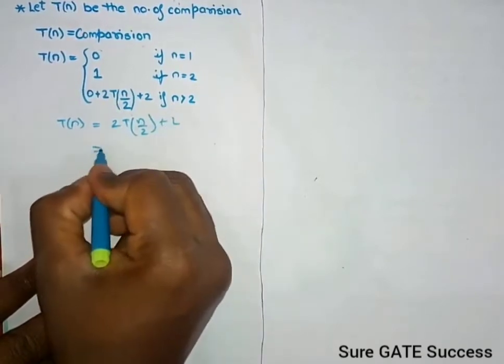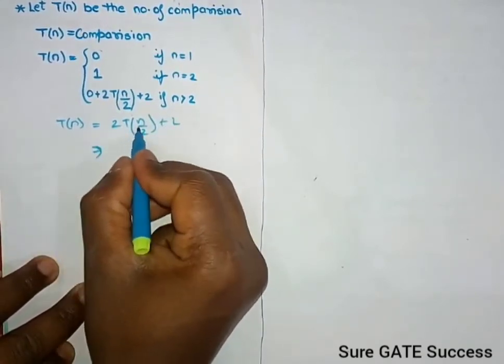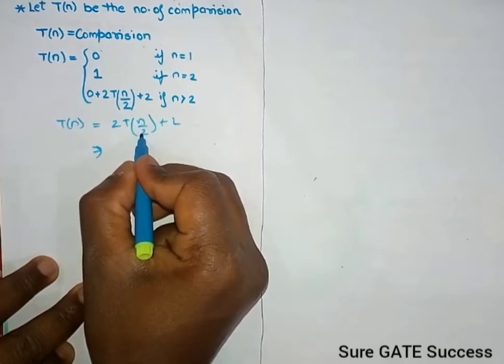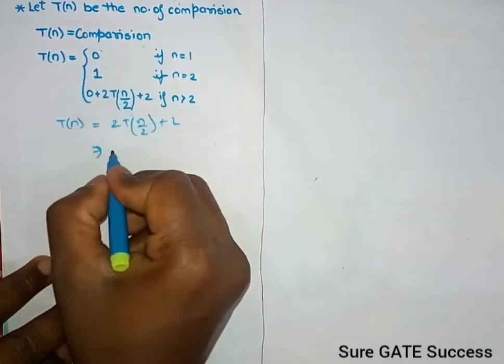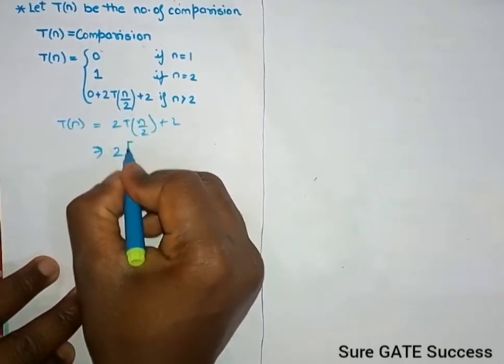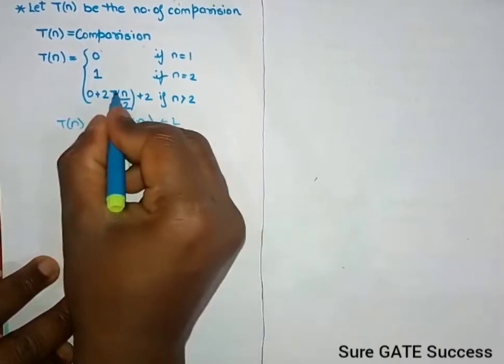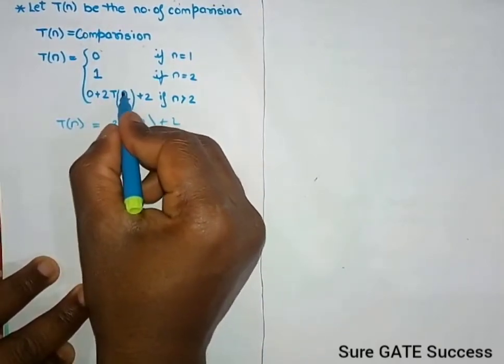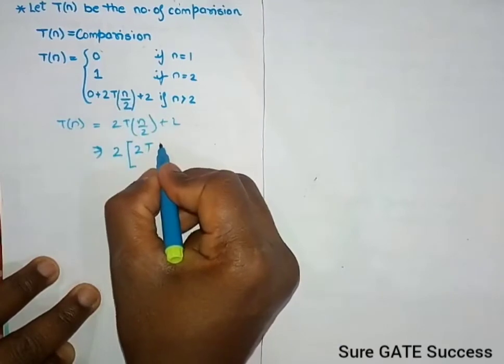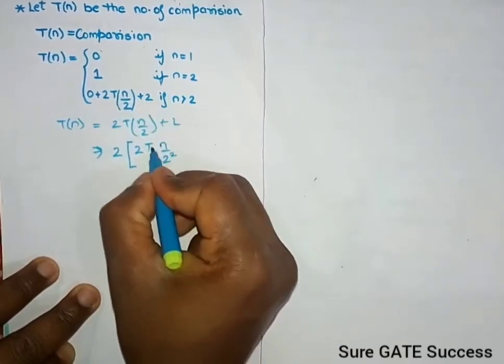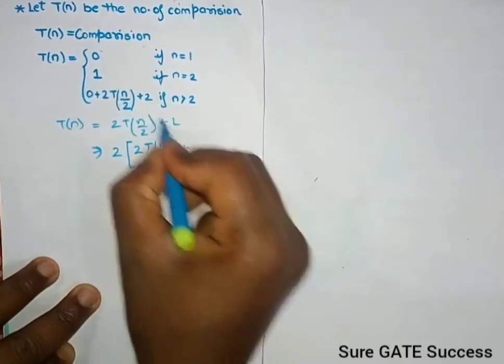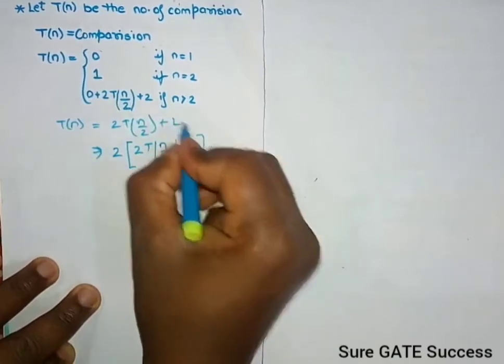If we place T(n/2) in the place of n, we will get 2T(n/2), and placing n/2 here, we will have n/4. We can write it as n/2 squared, plus this 2 plus this 2.